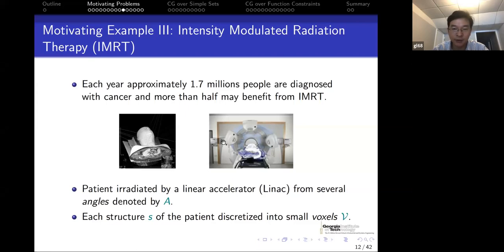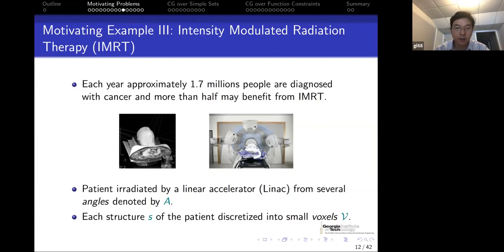As you can see from the picture on the right, there are 3 different angles that can possibly provide radiation to the patient. The structures of the patient are discretized into small voxels. The patient has many structures, and each structure is discretized into small voxels.